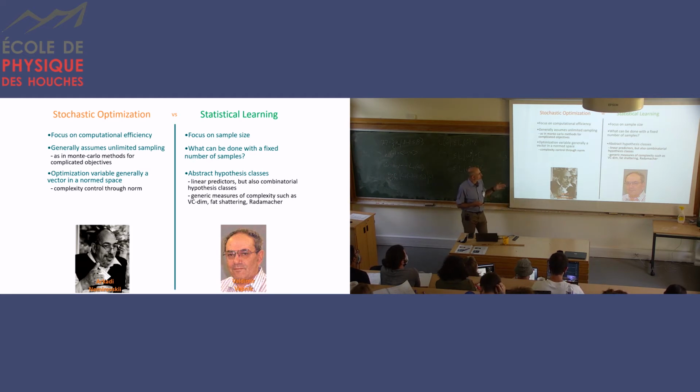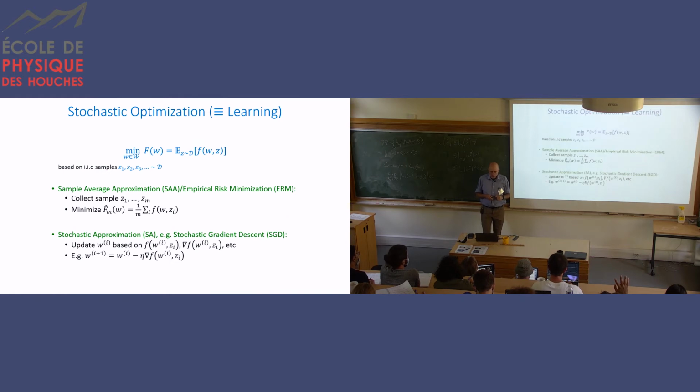Whereas Nemirovski's theory was mostly for normed vector spaces, which is what we'll look at today, and more specifically for convex objectives in normed vector spaces. So what we'll be looking at today, we said, is learning, but really we're looking at stochastic optimization in this formulation.